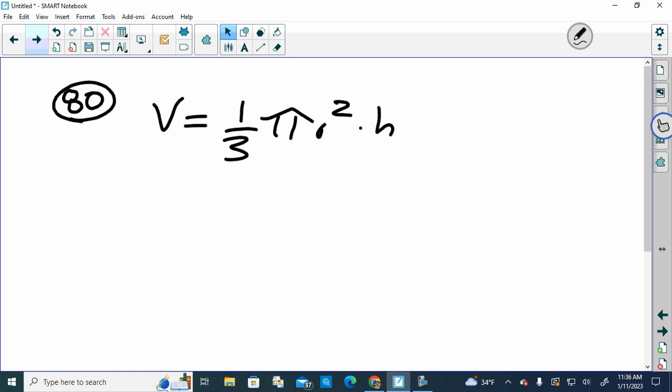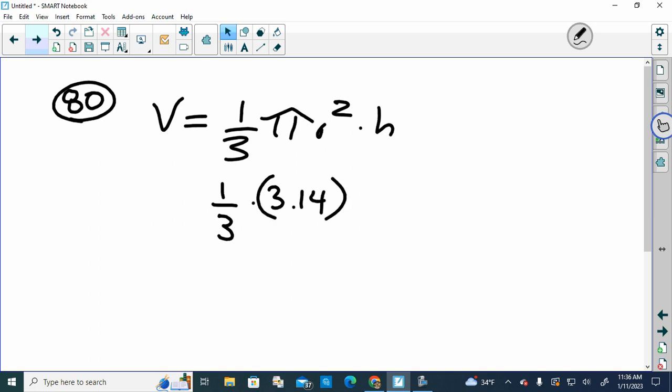Okay, so we're looking at the information that it gave us. This one didn't tell us to leave it in terms of pi, so we're actually going to use 3.14. So I have my 1/3. Pi is 3.14, so I'm going to plug that in. Some of you, this times bothers you, it looks like a decimal.